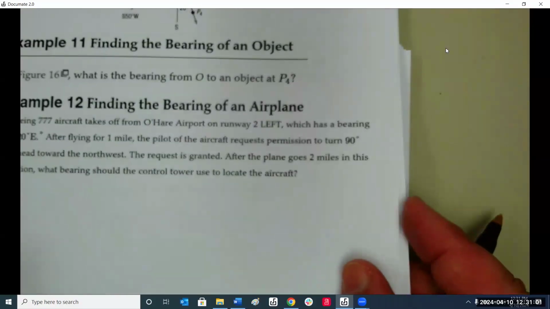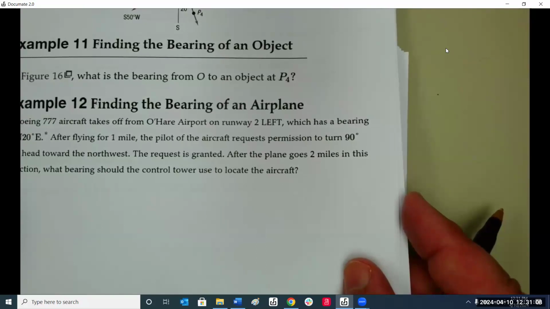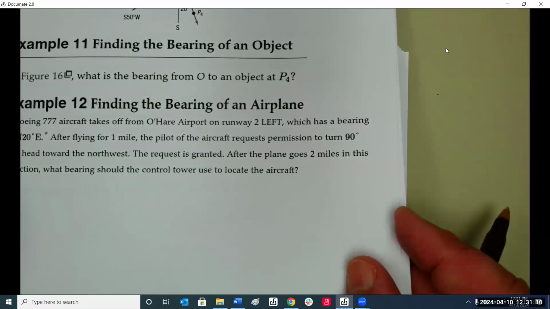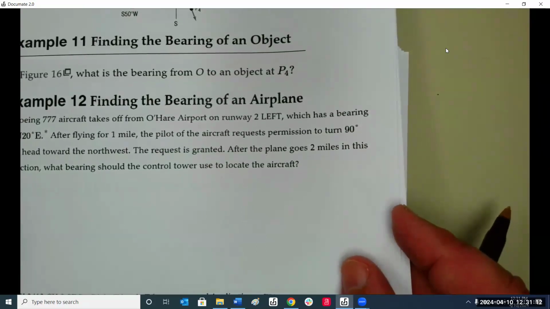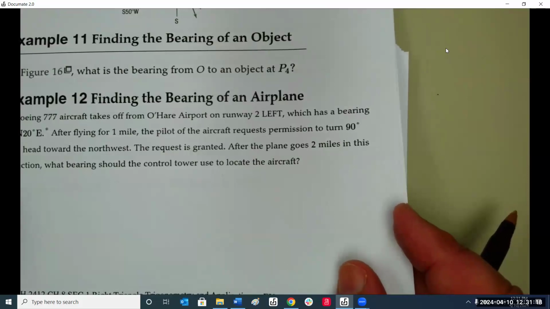That's what's going that way. After flying for 1 mile, the pilot of the aircraft requests permission to turn 90 degrees and head towards northwest. The request is granted. After the plane goes 2 miles in this direction, what bearing could the control tower use to locate the aircraft?